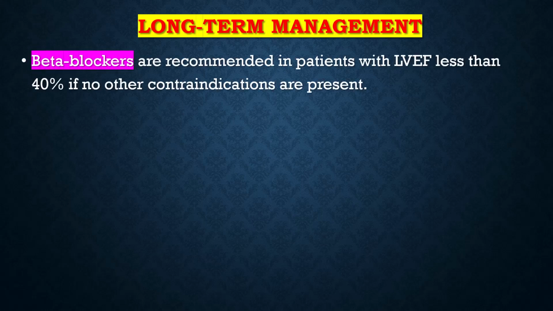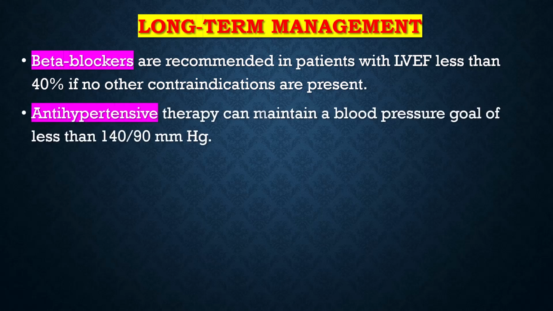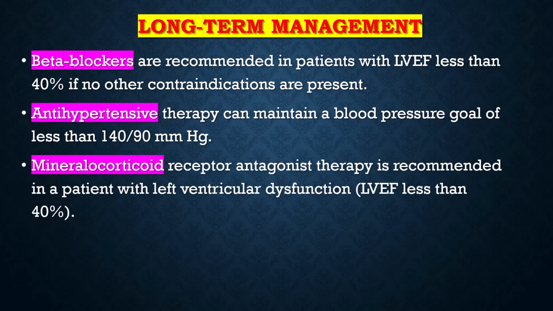Long-term treatment. Beta blockers are recommended in patients with left ventricular ejection fraction less than 40% if no other contraindications are present. Antihypertensive therapy can maintain a blood pressure goal of less than 140/90 mm of mercury.